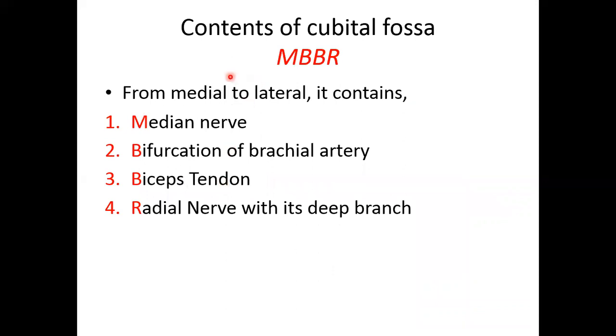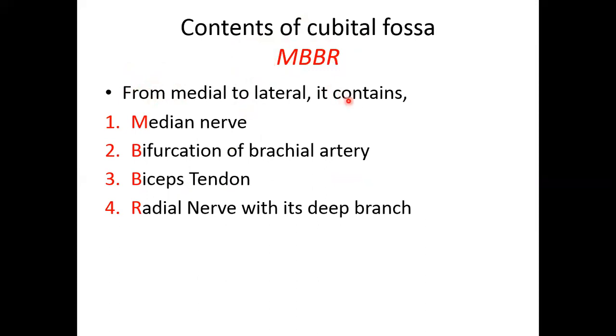Next are the contents of the cubital fossa, and they can be memorized by the mnemonic MBBR, right? This is just a slight modification of MBBS. MBBS would have been much easier, but if you replace the S with R, then MBBR can help you in memorizing the contents of the cubital fossa.